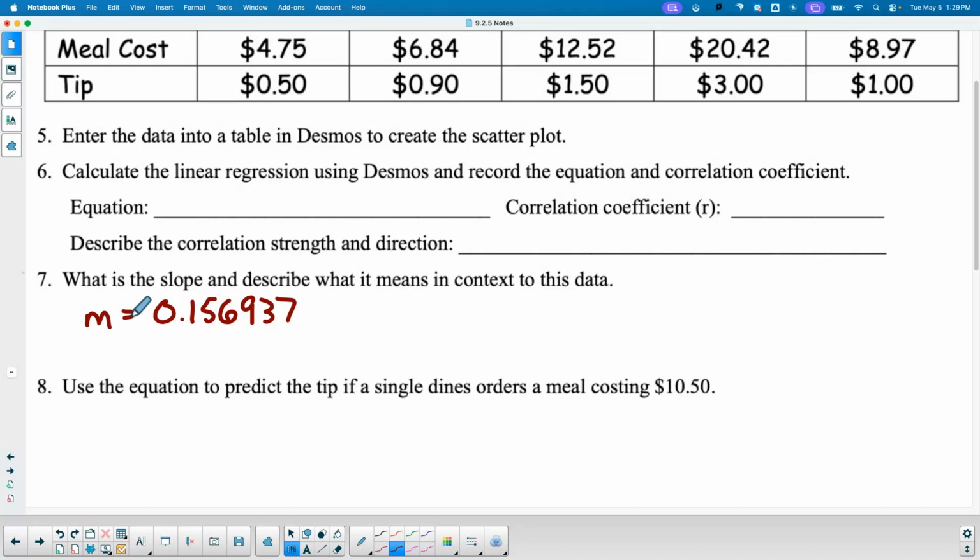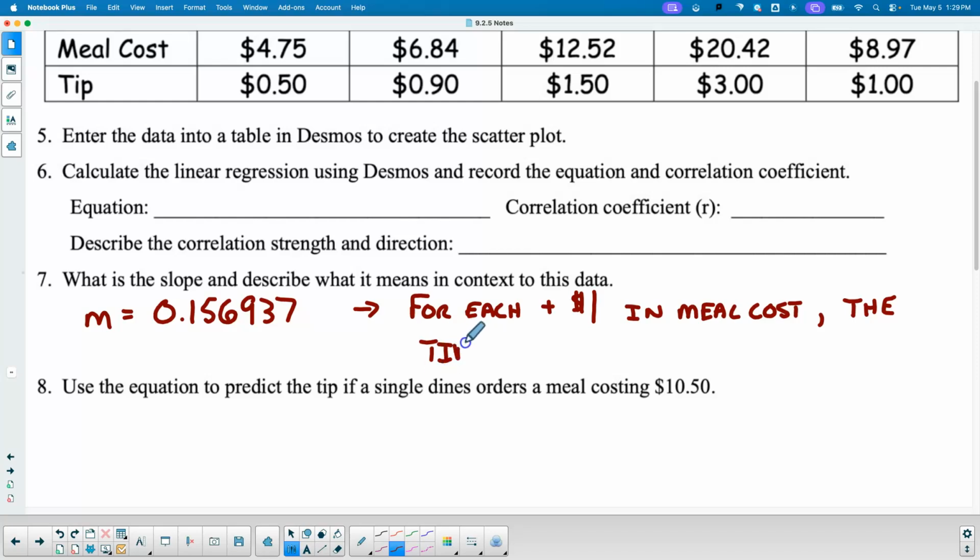Okay, so for each plus $1 in cost of the meal, the tip does what? Tip going up or tip going down?